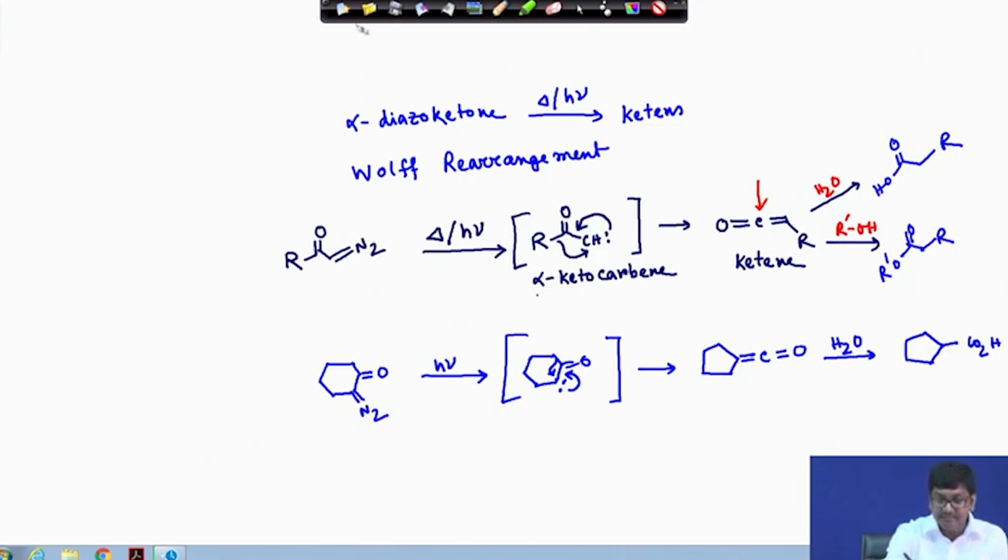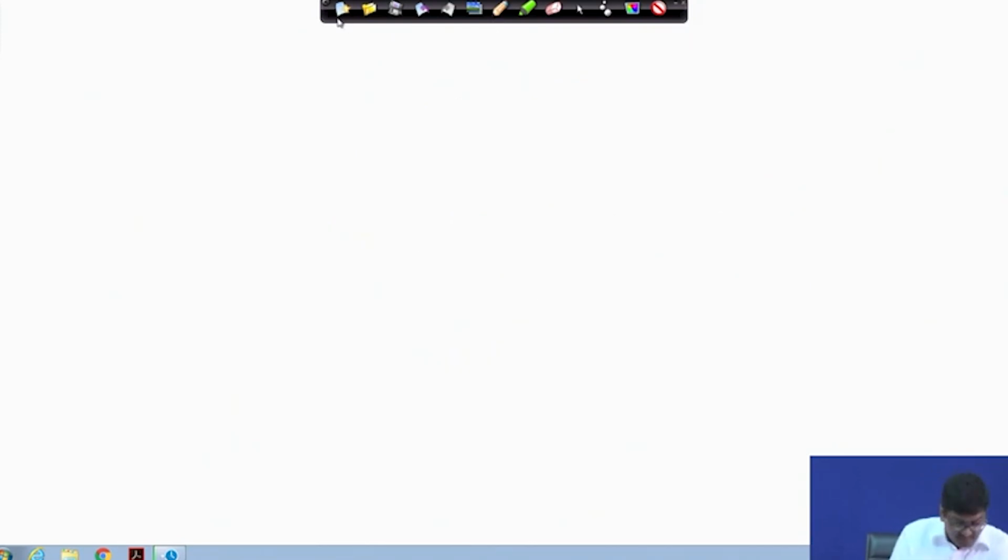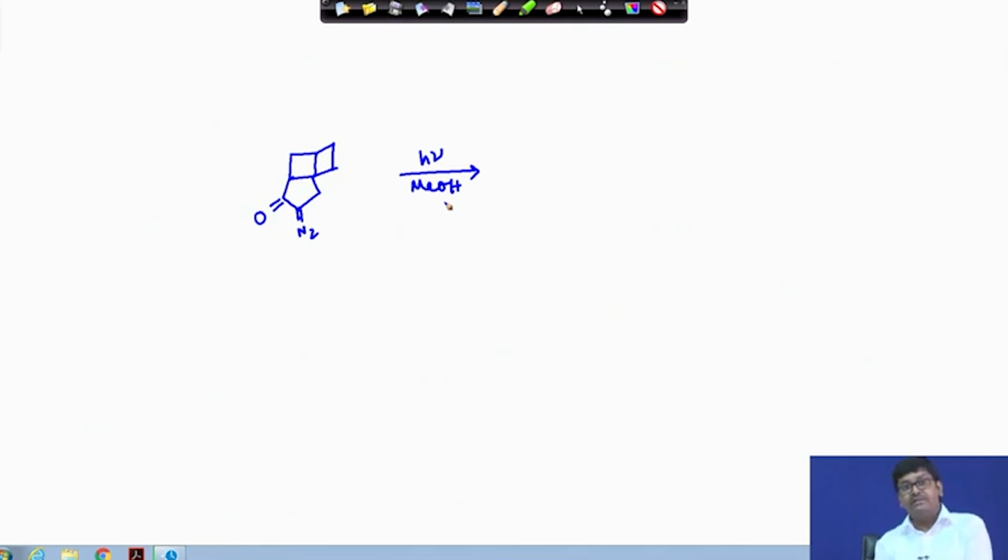Similarly, if we take this fused ring as the substrate, this alpha diazoketone, under again photolysis, and here methanol is there as a nucleophile, what will it form?